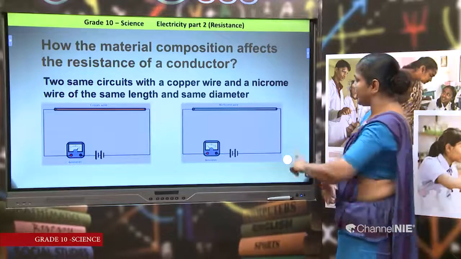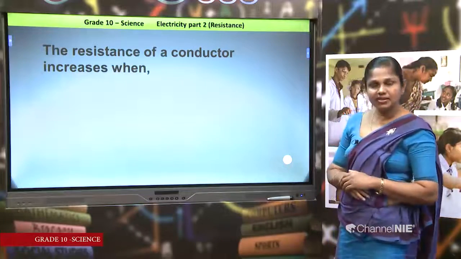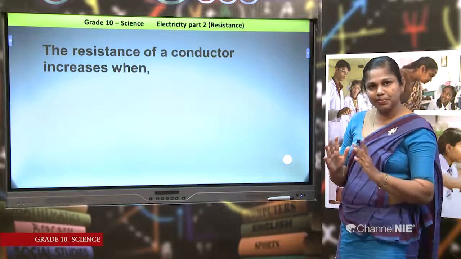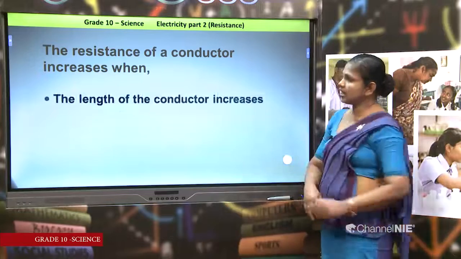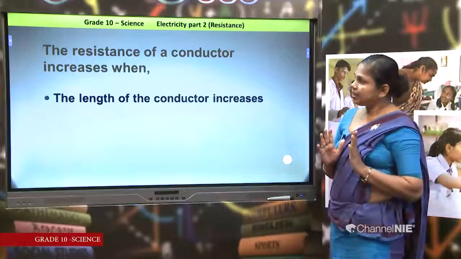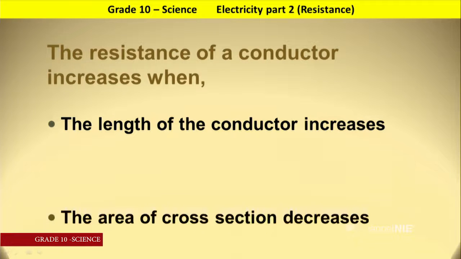Okay, right. Finally, what we can understand from all these experiments, all these activities, children, is that the resistance of a conductor increases with the length of the conductor. When the length of the conductor increases, resistance too increases.